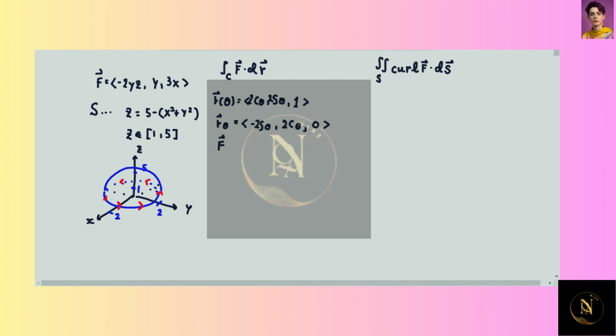Let's put F in terms of theta. It will be ⟨-4 sin θ, 2 sin θ, 6 cos θ⟩. Now we take the dot product, F · r'.